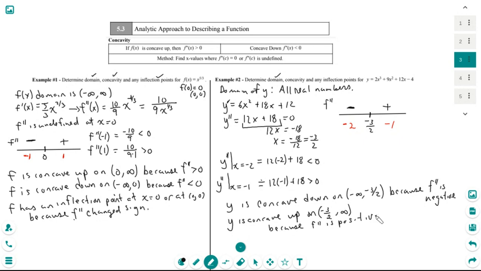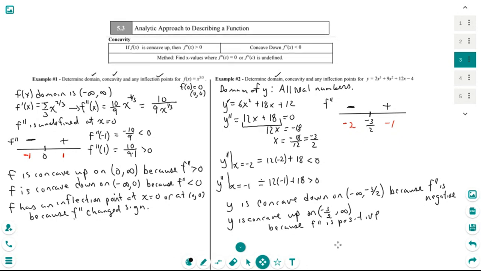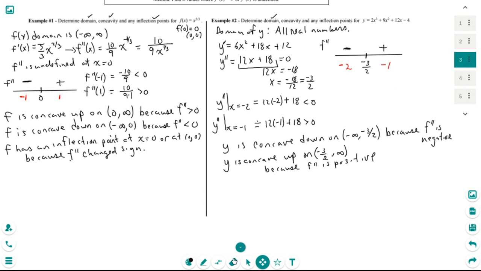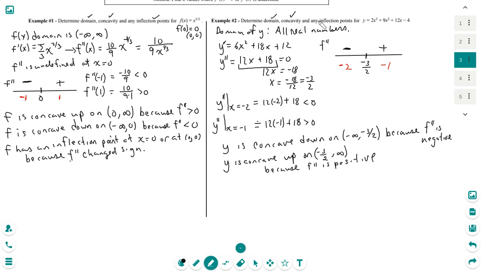All right, there is one more part to do, right? We just finished concavity, so the last part is the inflection point. Y has an inflection point.